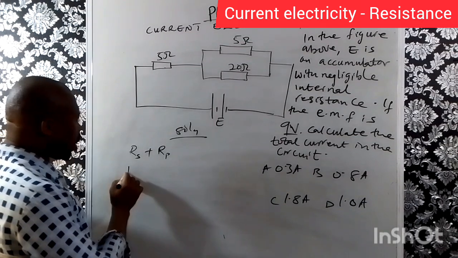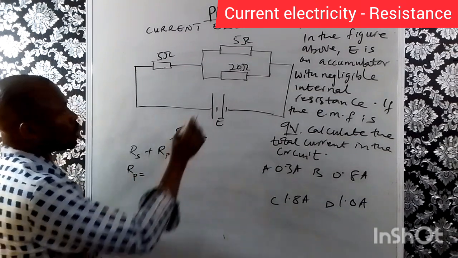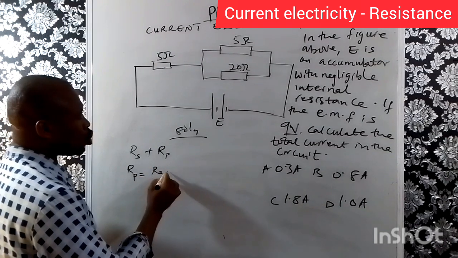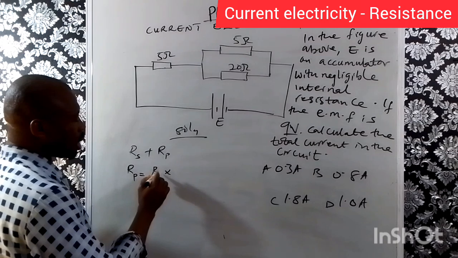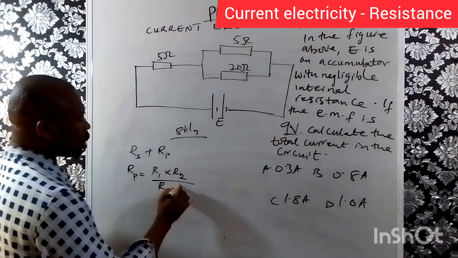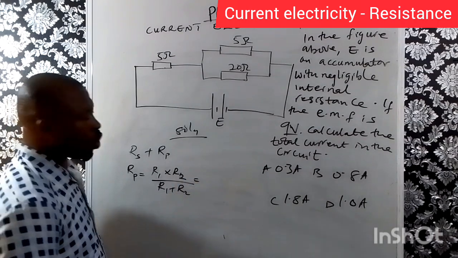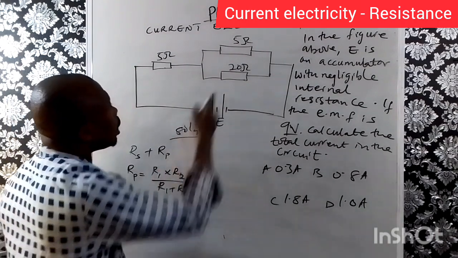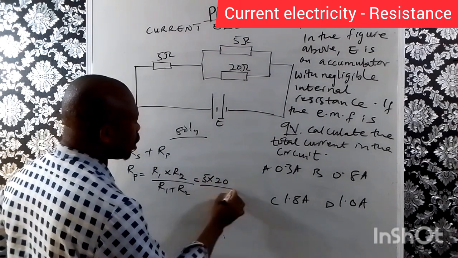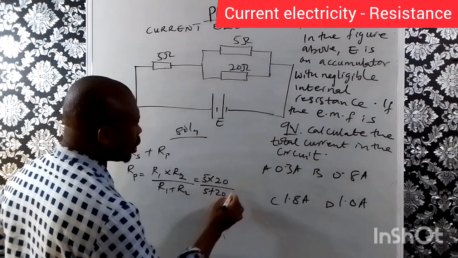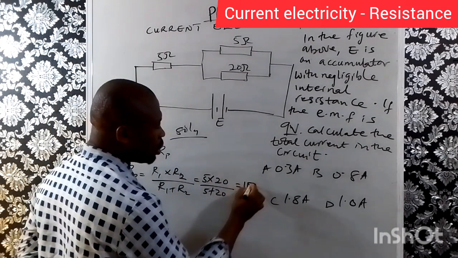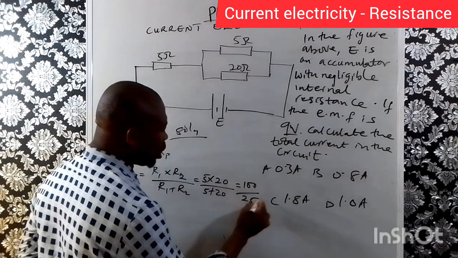Now, R in parallel is R1 times R2 all over R1 plus R2, which is 5 times 20 all over 5 plus 20, which is 100 all over 25.